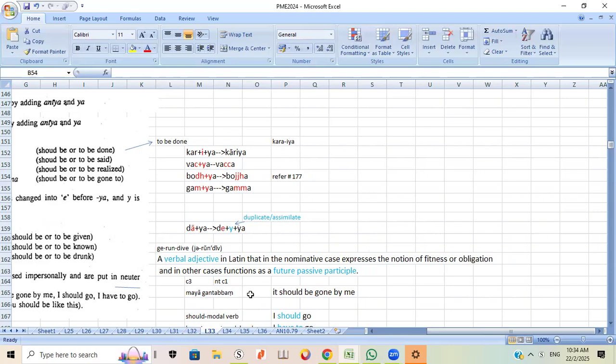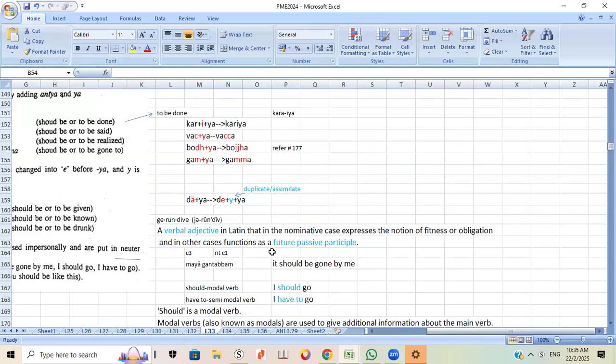Latin also has 3 genders. So that is in nominative case. Gerundive expresses the notion, that means they give you the idea of fitness, obligation. In other cases, it functions as a future passive participle. This comes from the English dictionary. So when you see a gerundive, now you know it's talking about future passive participle.